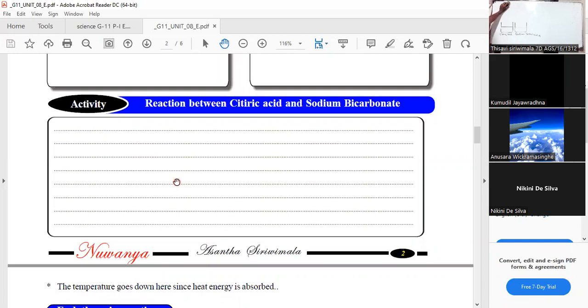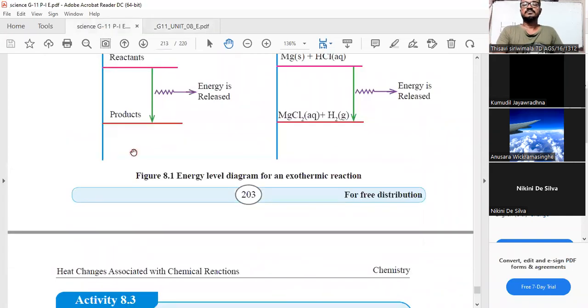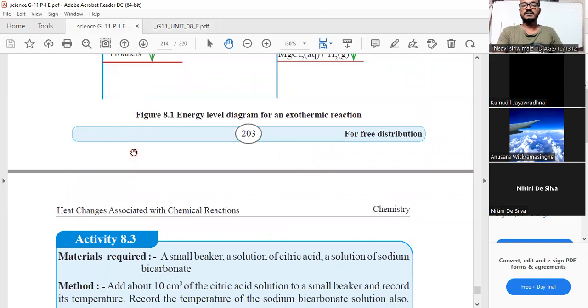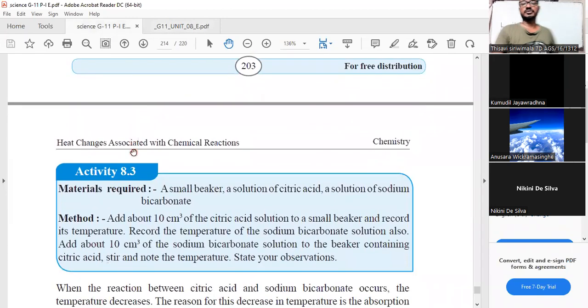So I think they have taken very small volumes for the balloon. Small volumes, I guess, 10 cubic centimeters each. Right?